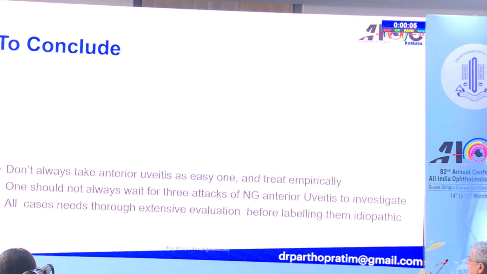One should not wait for 3 attacks of non-granulomatous uveitis in every patient before starting the treatment, because sometimes with HLA-B27 uveitis, you can pick them up early, explain the recurrent nature of the inflammation, and help them reduce recurrence by starting early immunosuppressive agents. And all cases need to go through extensive evaluation before labeling them as idiopathic.